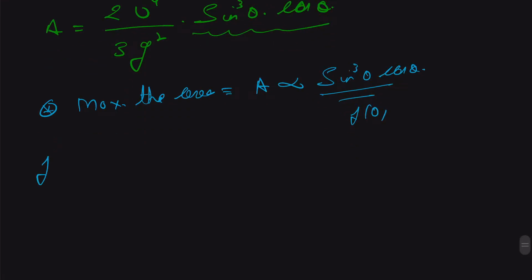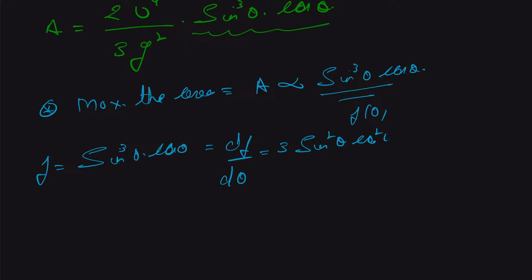So f is equal to sine cube theta times cos theta, and its derivative with respect to theta for maximization will be giving us 3 sine square theta cos square theta minus sine 4 theta.